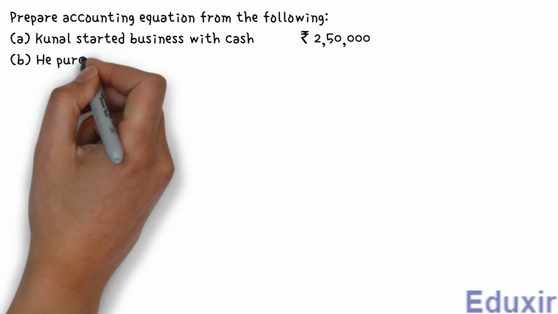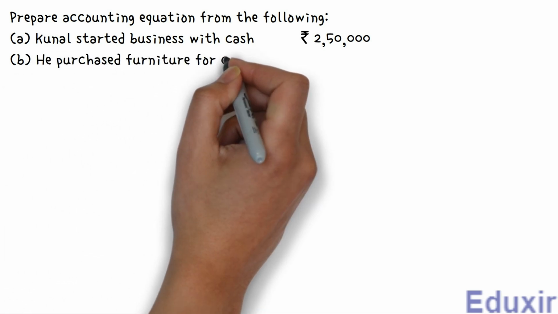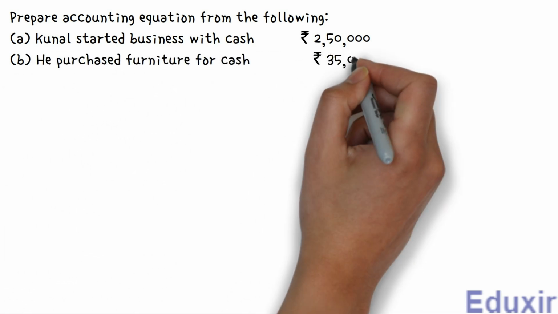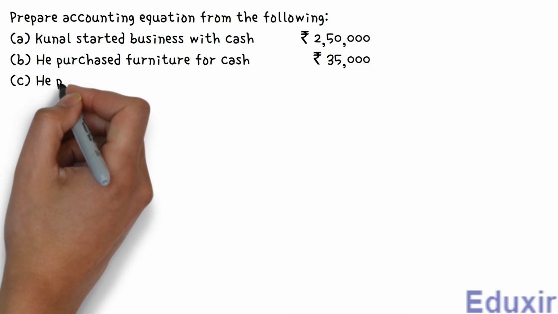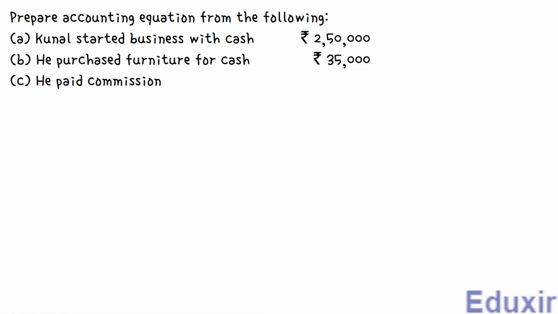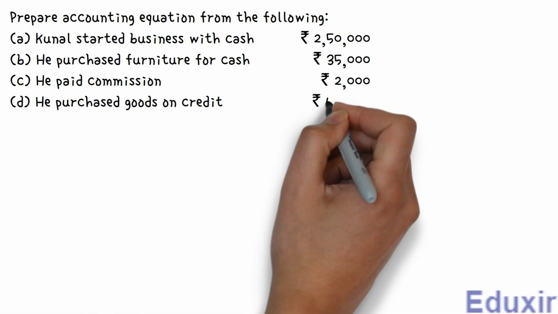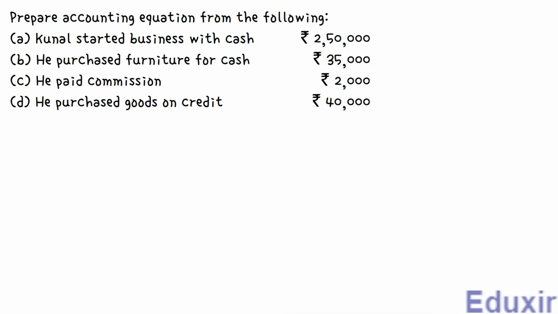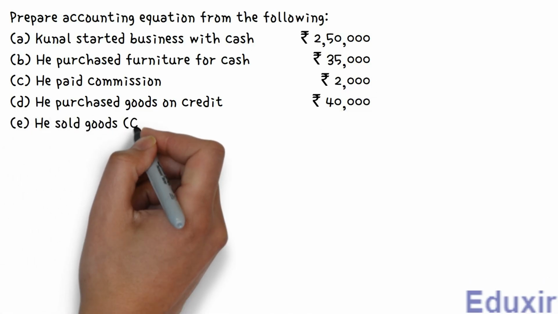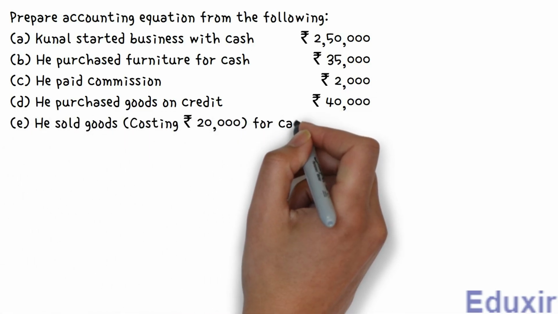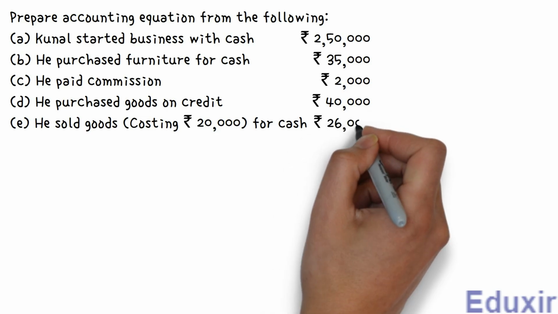He purchased furniture for cash 35,000 rupees. He paid commission 2,000 rupees. He purchased goods on credit 40,000 rupees. He sold goods costing 20,000 rupees for cash 26,000 rupees.